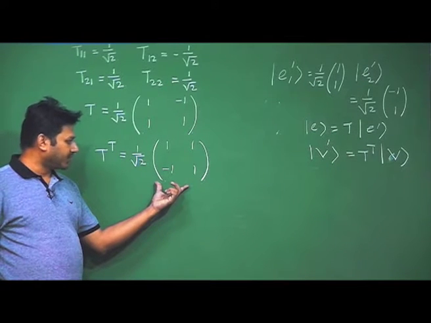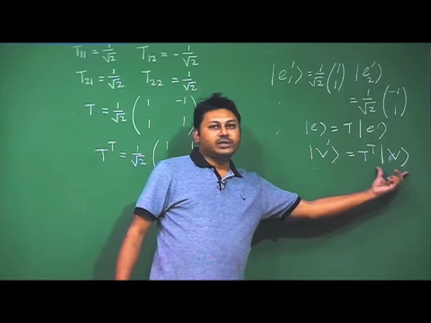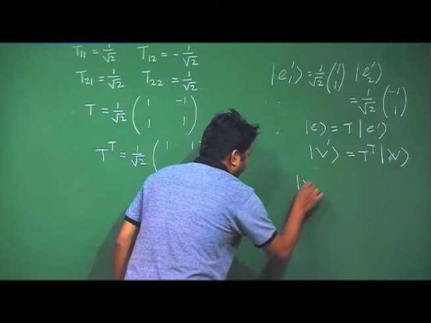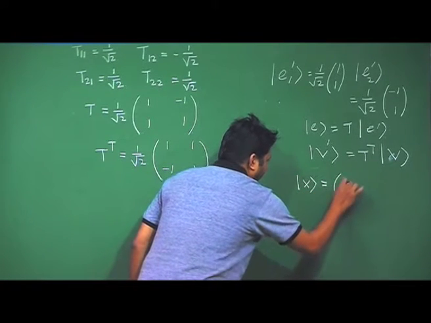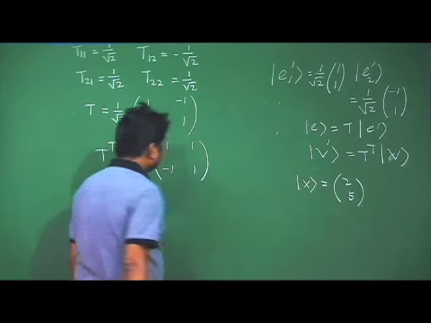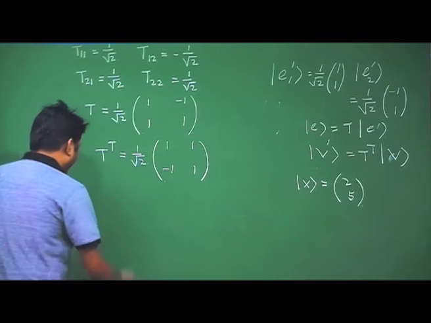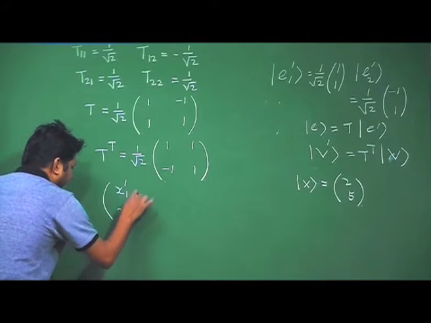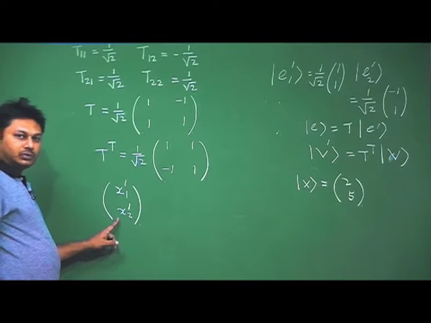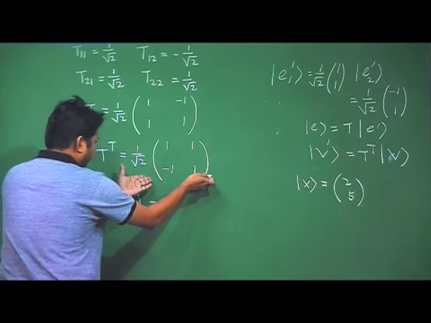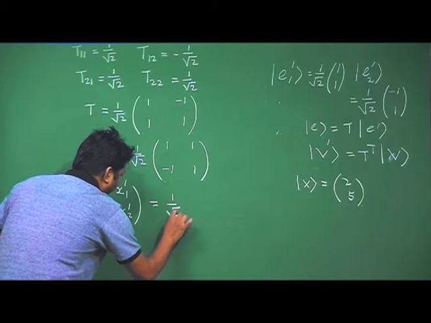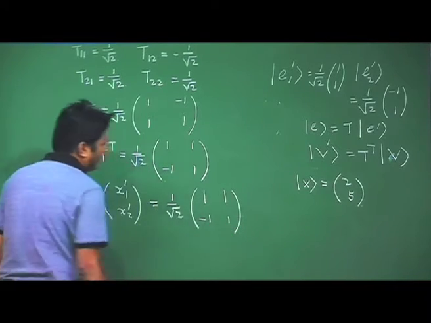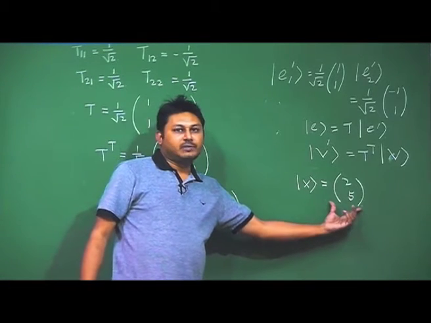Then I need to multiply it with my original vector that is given. The original vector according to the problem was 2 5. So I write here x1 x2 in the prime frame, the component I want to know, is equal to this matrix multiplied by the original matrix that is given.